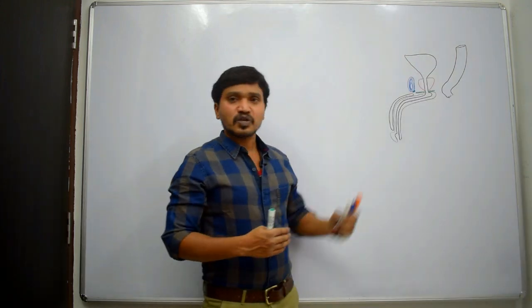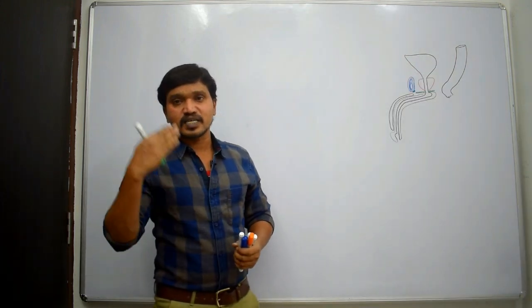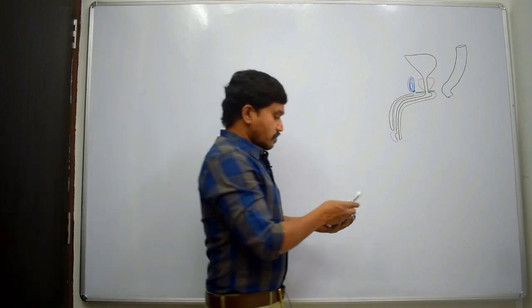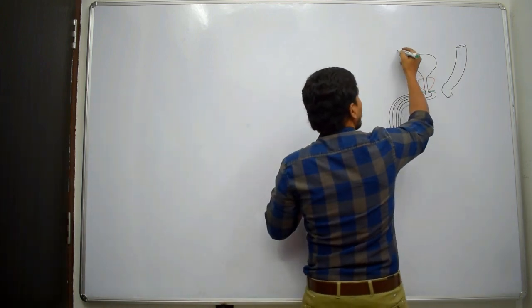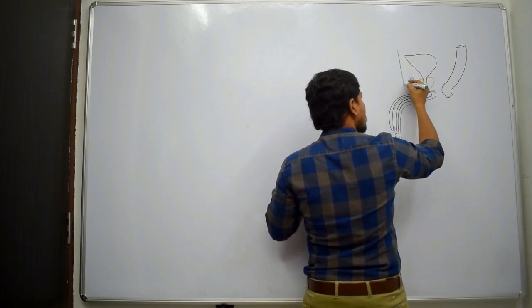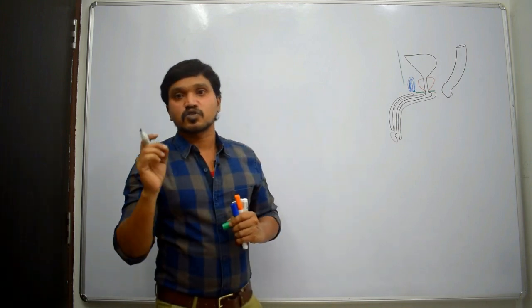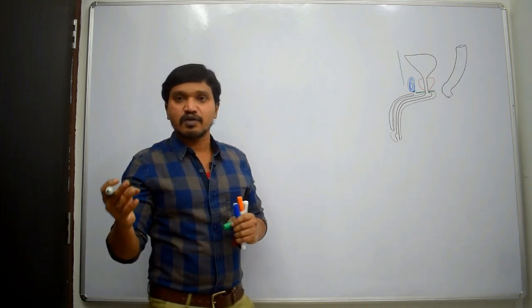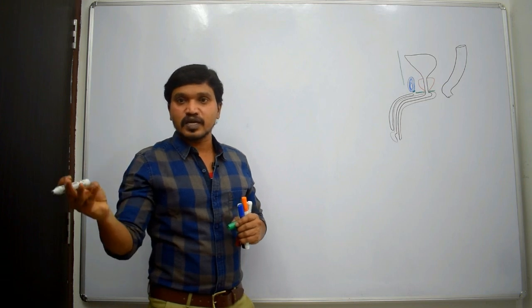Now if you draw one membrane which is extending from the anterior abdominal wall to the perineum, that membrane is fascia Scarpa. Actually this is the deep layer of superficial fascia of the anterior abdominal wall. Superficial fascia has two layers, superficial layer and deep layer.